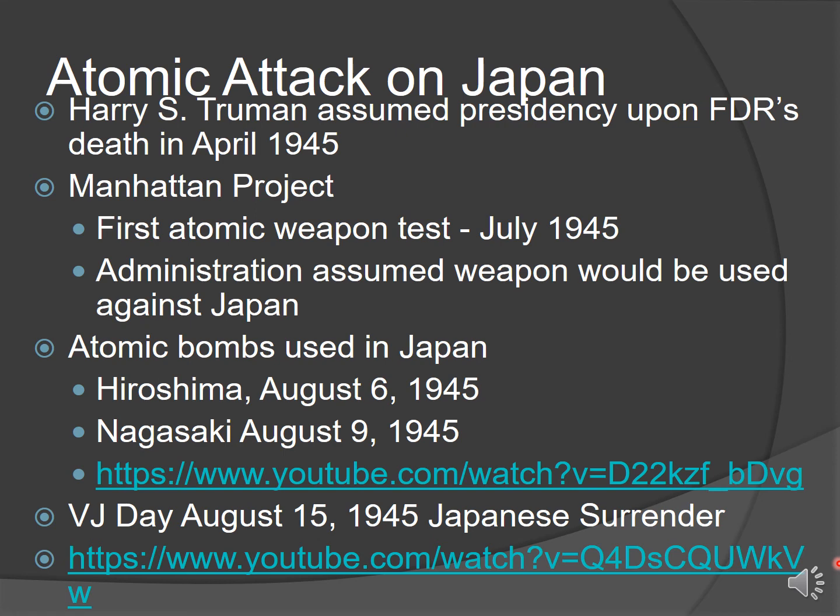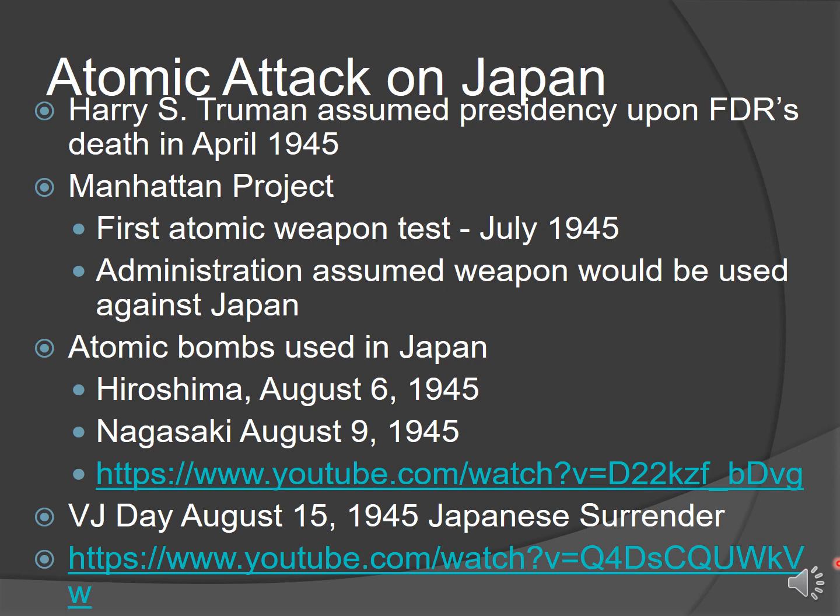When the weapon is dropped, immediately 70,000 people are going to be incinerated and die, and eventually somewhere around 140,000 will die in the aftermath of the atomic weapons attack, either from severe burns, from sickness from atomic radiation, etc.